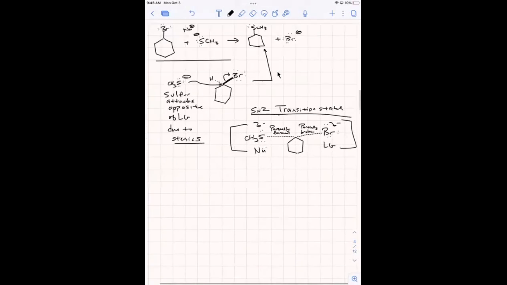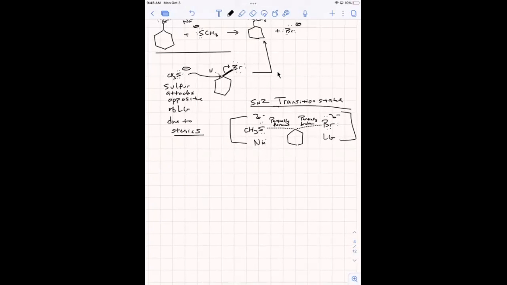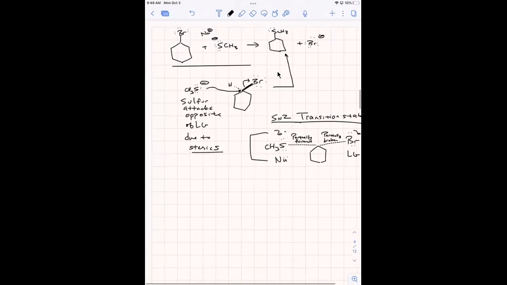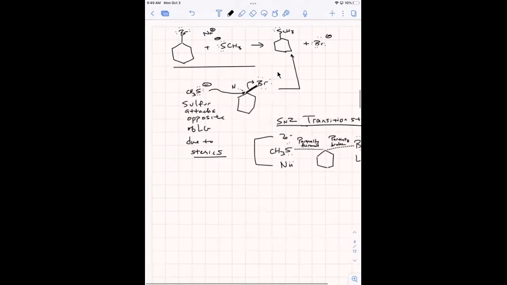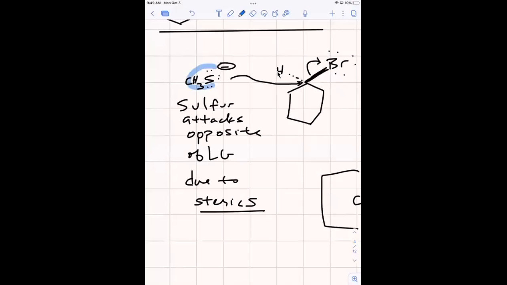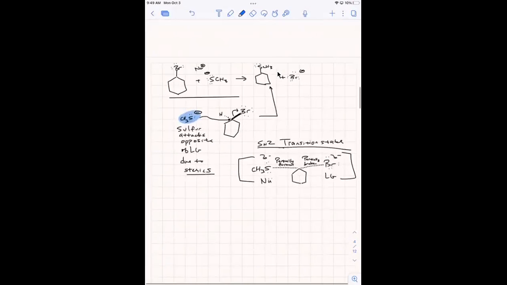This also matters for the SN2 in the sense of the rate law, which we don't have time for. But the rate law, and we're going to talk about the solvent, why aprotic solvents are actually necessary. The aprotic solvent is necessary because of the nucleophile. All of this is a consequence of this being concerted. So we'll talk about that on Wednesday.